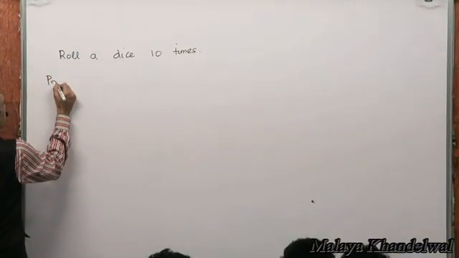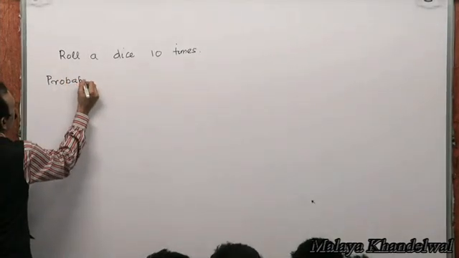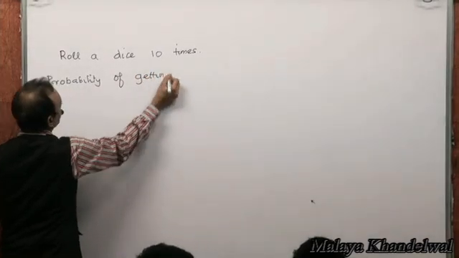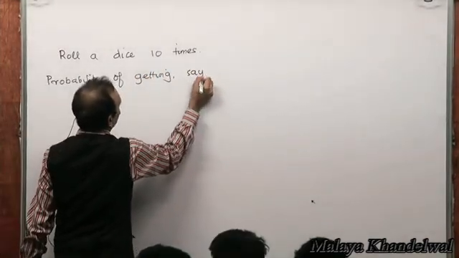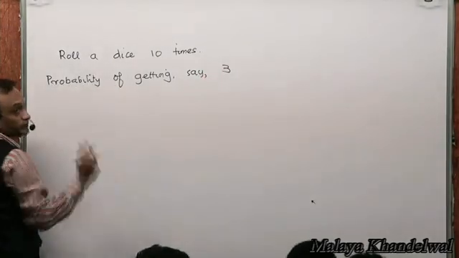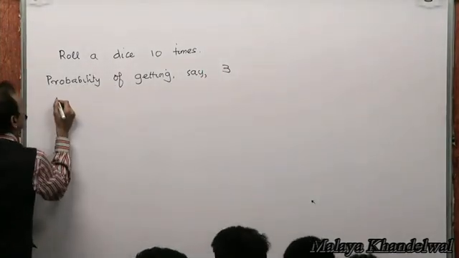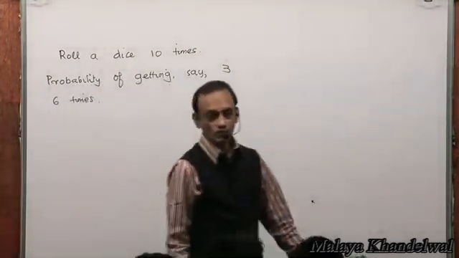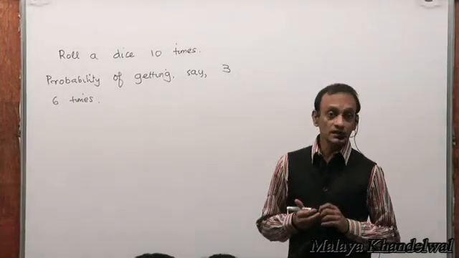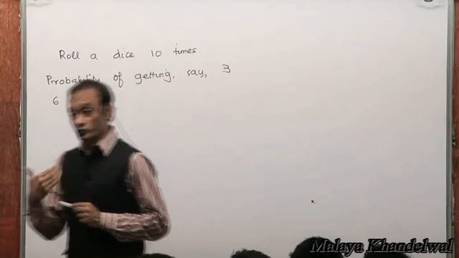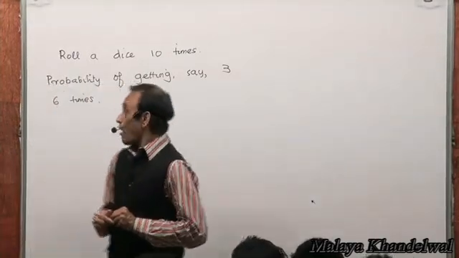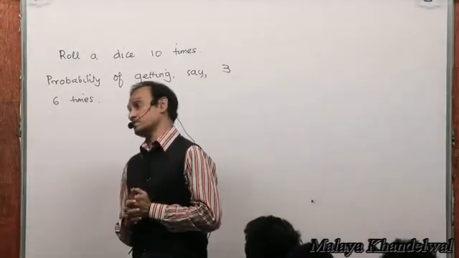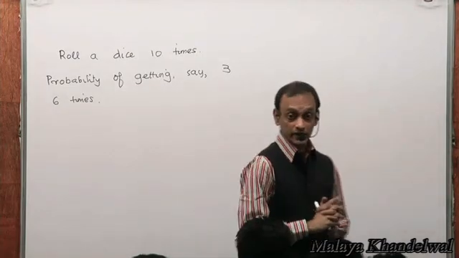What's the probability of getting, say, a number 3 on the dice 6 times? Obviously, if I roll the dice once, then the probability of getting 3 would be 1/6, right? But if I roll it 10 times, what's the prospect of getting 3 6 times?